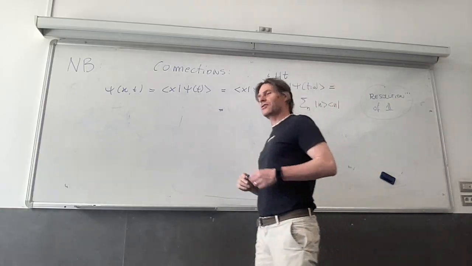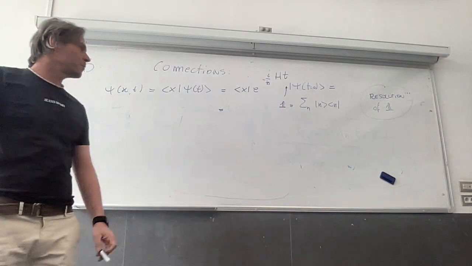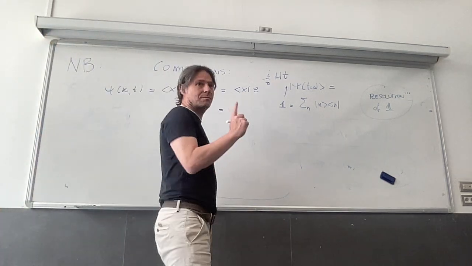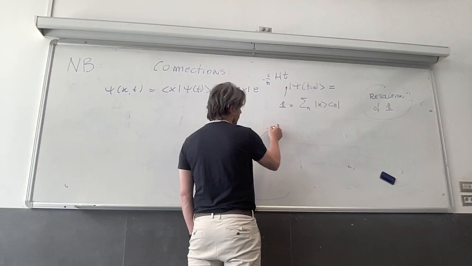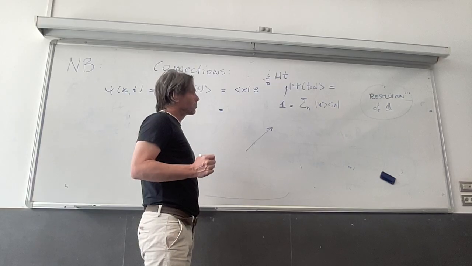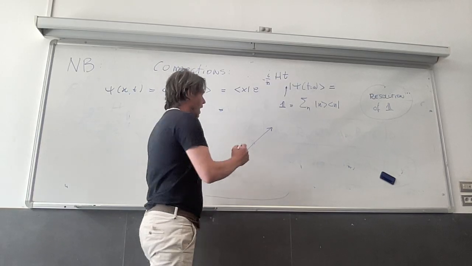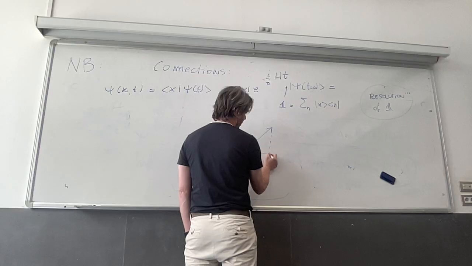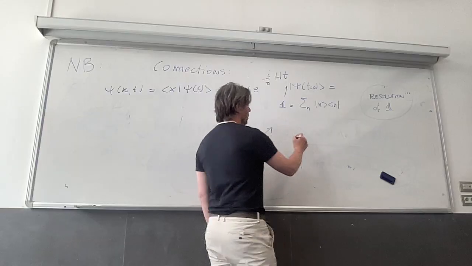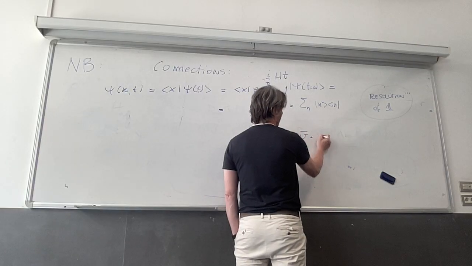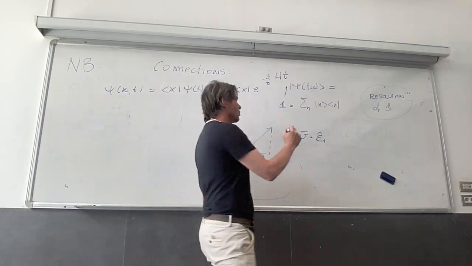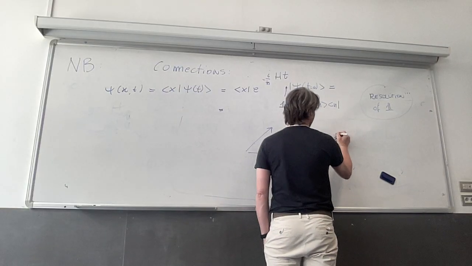This mathematical expression looks weird if you are not keeping on using it, but it is exactly the same as when you take a vector in 2D, right? And you say, how do I write a vector in 2D? I project the vector over the first versor, so I do v dot epsilon 1, and I multiply by epsilon 1.